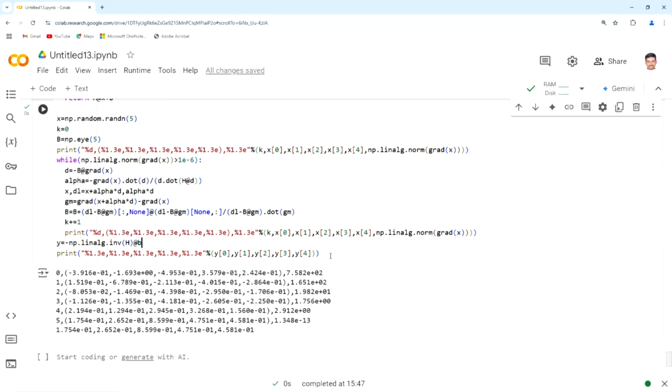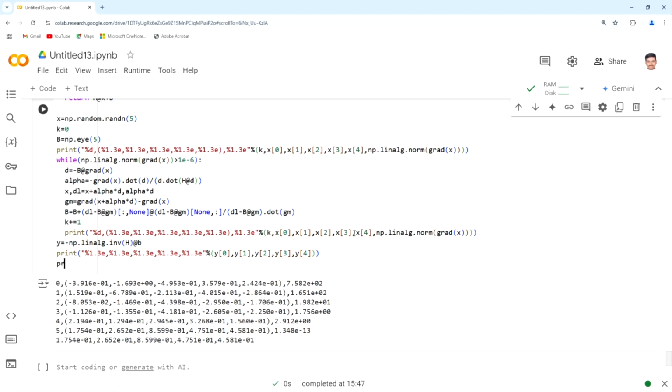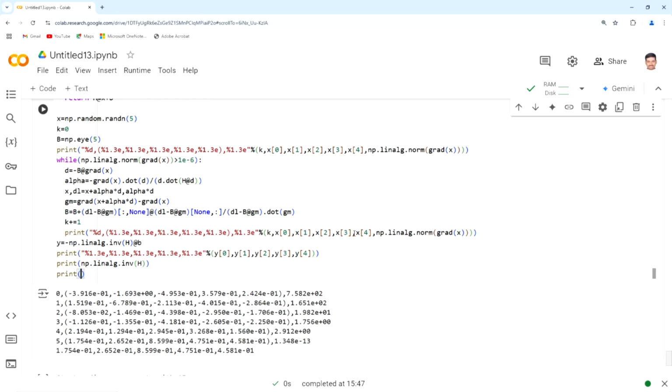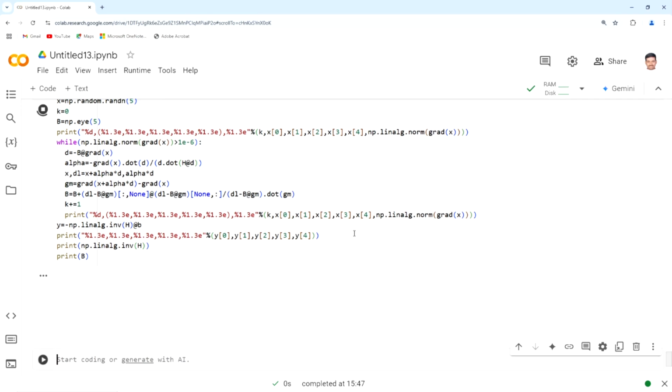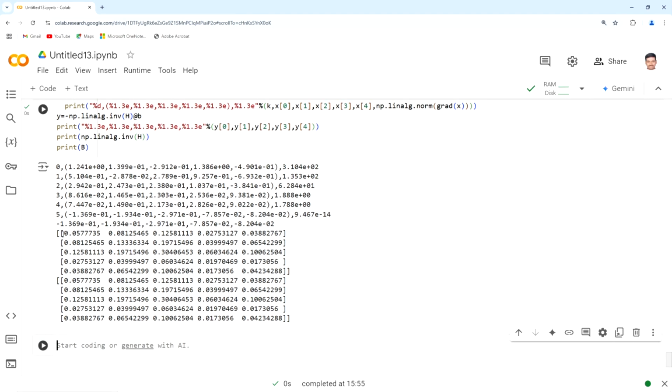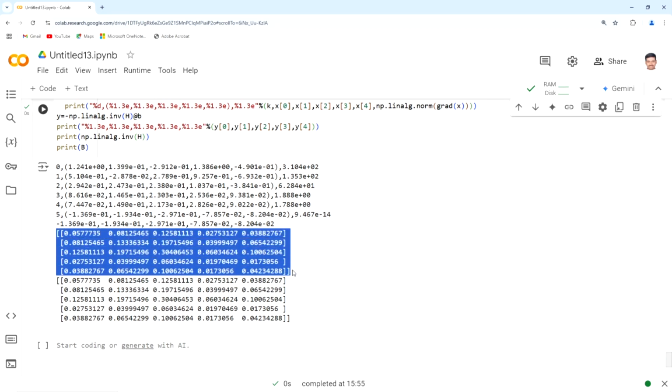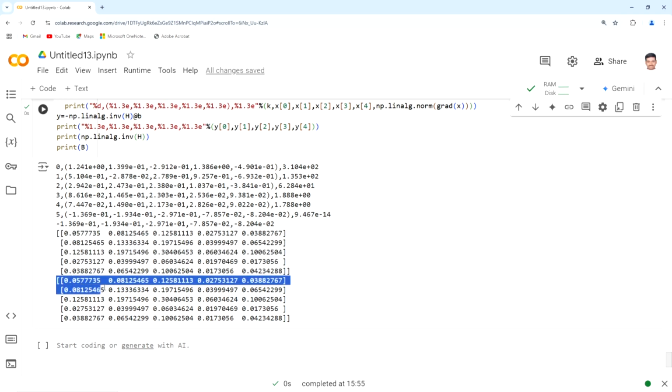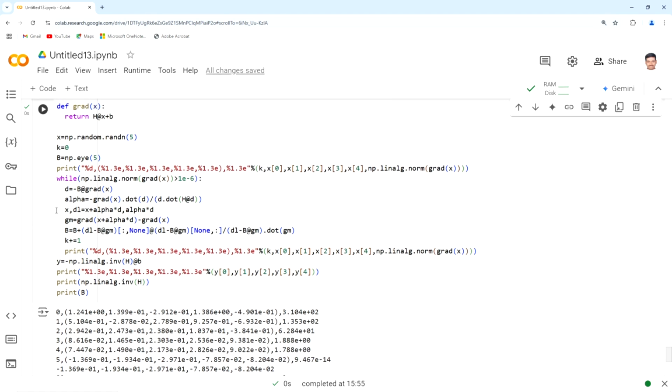I would like to indicate one more property of rank 1 correction in quadratic functions. Let me print H inverse and let me also print B. Let us check what you get. The first matrix that you see here is the H inverse matrix, from the random H that we had created at the start of this code, and this is the B matrix that has been attained starting from the identity matrix.